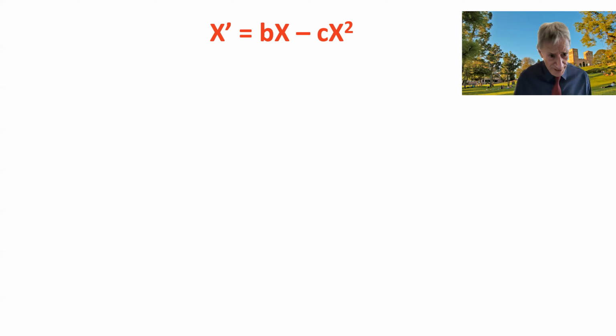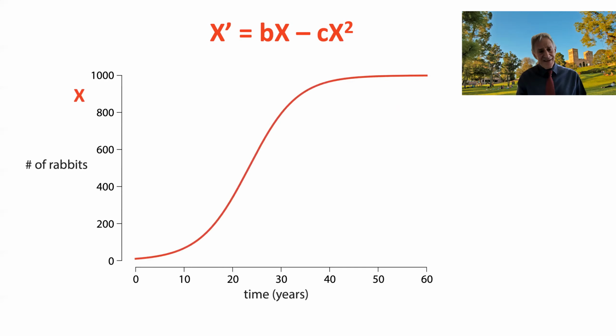When we simulate this model, as you will learn to do pretty soon, you will see that that is the behavior that is predicted by that model. You see the initial rise, which almost looks like an exponential rise. This almost looks like x prime equals bx, because x squared is small.